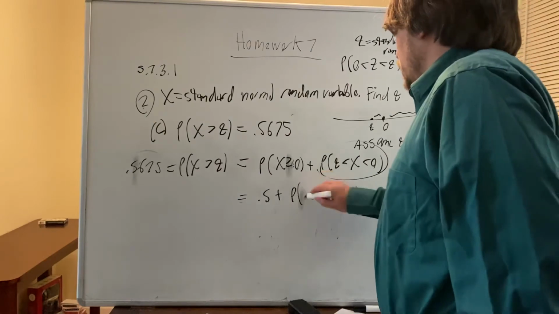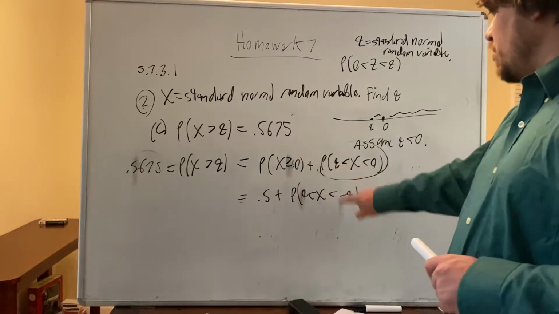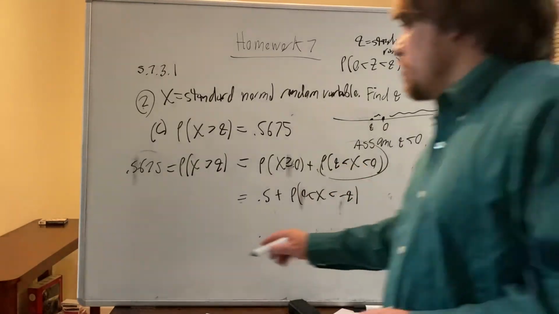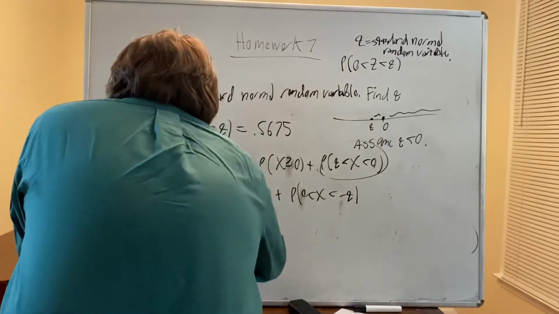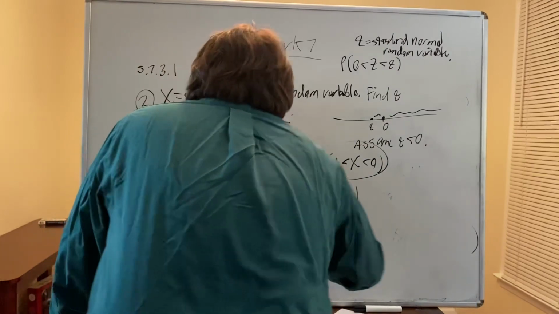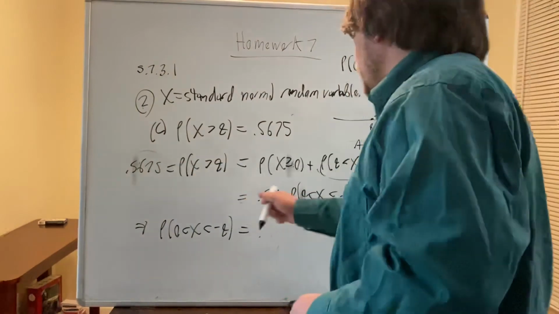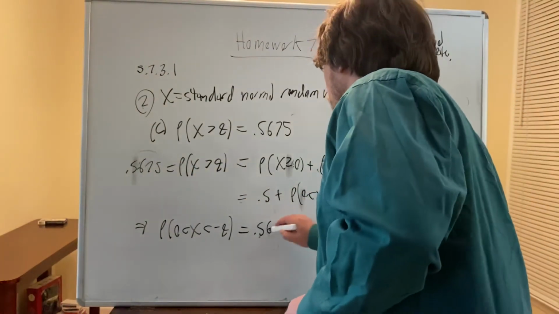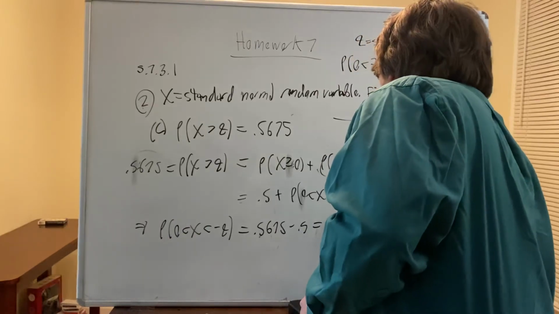Okay? Negative z, because you switch it, so this becomes negative z here. So that implies that the probability of 0 less than x less than negative z is equal to 0.5675 minus 0.5, and that's equal to 0.0675.